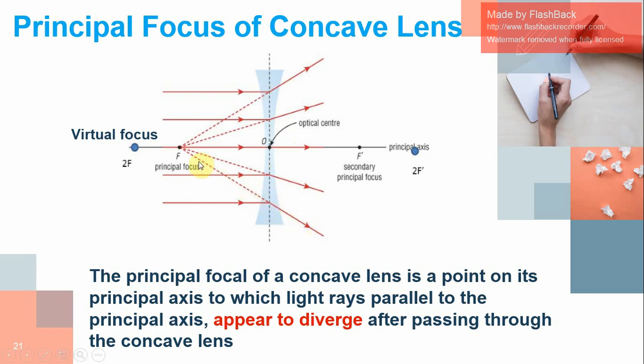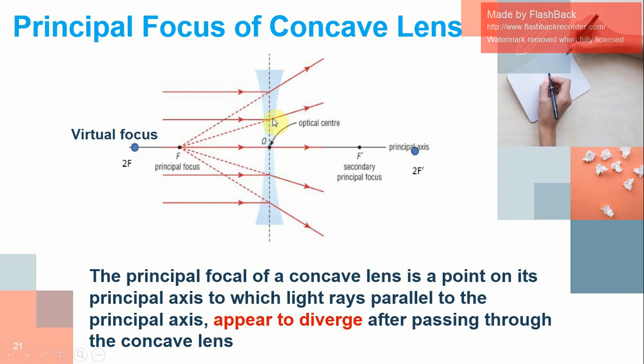Tracing back the diverged rays, we get the focal point, F, on the principal axis. So the principal focus of a concave lens is a point on its principal axis from which light rays parallel to the principal axis appear to diverge after passing through the concave lens.